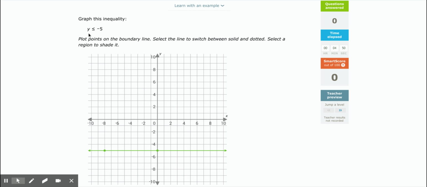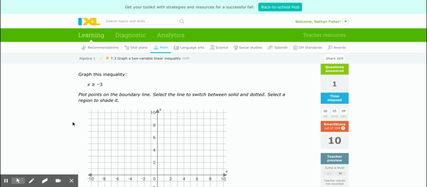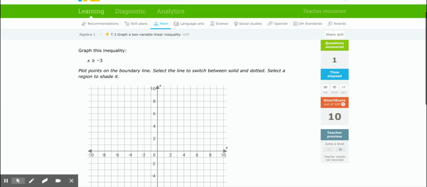We're going to read from our variable, so we want y values less than or equal to -5. Because it's less than or equal to, I'm going to go below my line, which would be down here. When I click, it shows the shaded region. So I'm going to hit submit. Awesome.